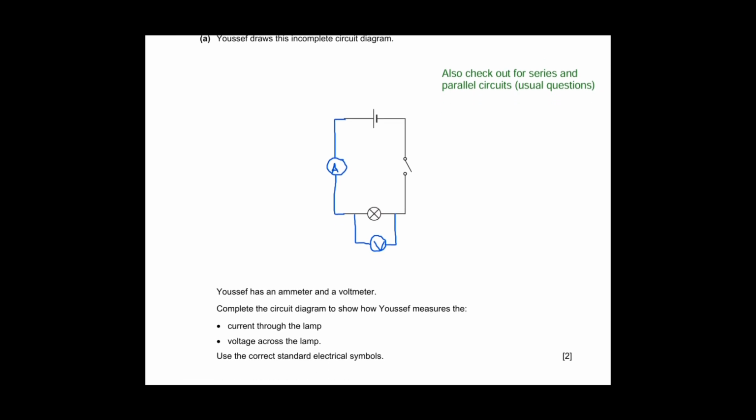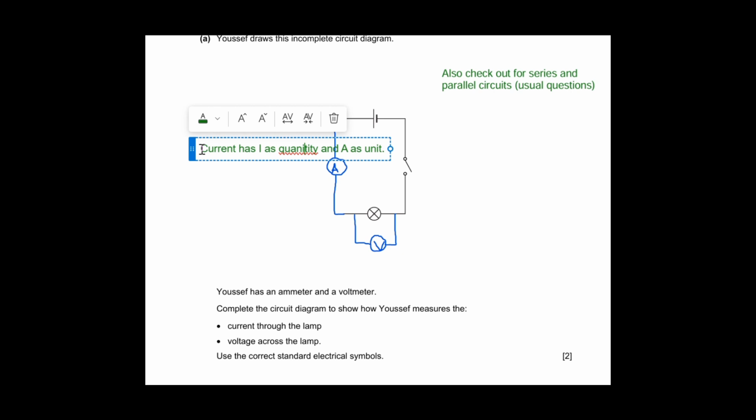So we have an incomplete diagram here. We are told to complete the diagram by adding two things, the current and the voltage. Now, current has a quantity symbol of I, and A as unit. So you need to be very careful when you are writing the symbol for current.